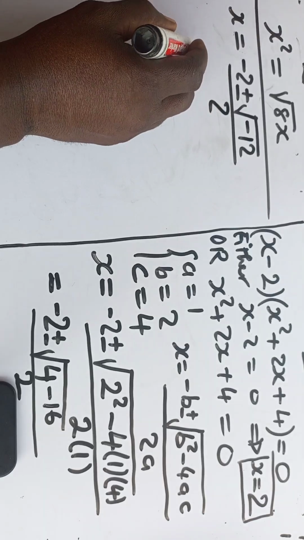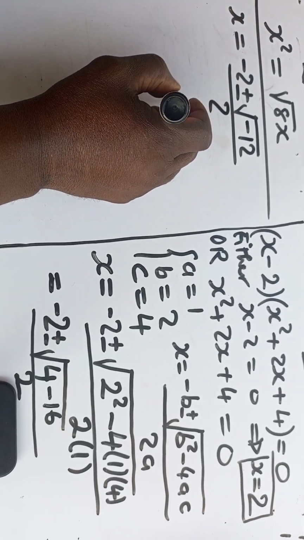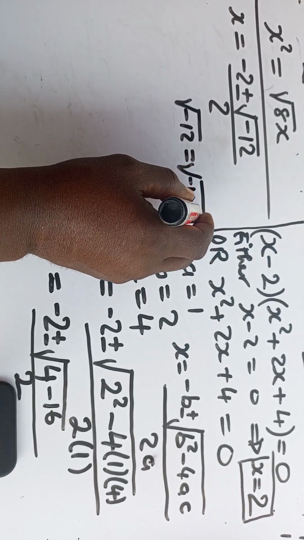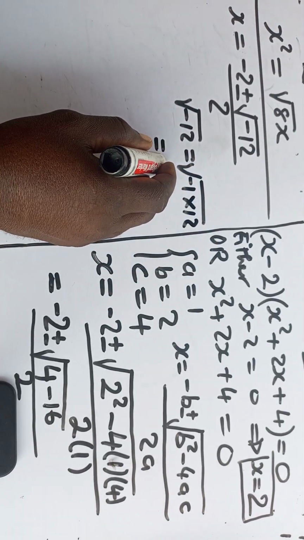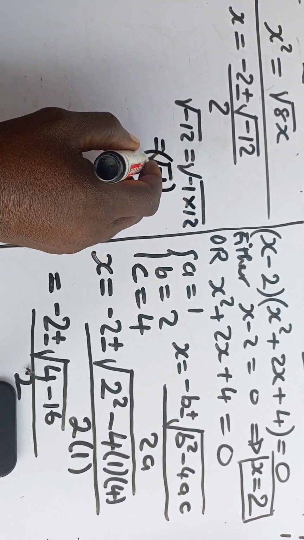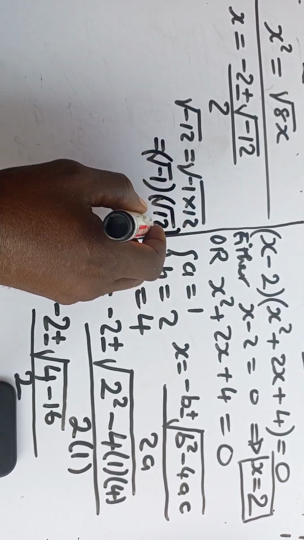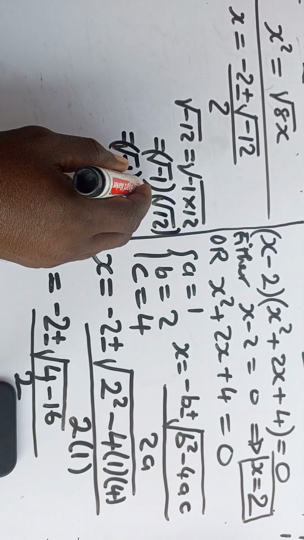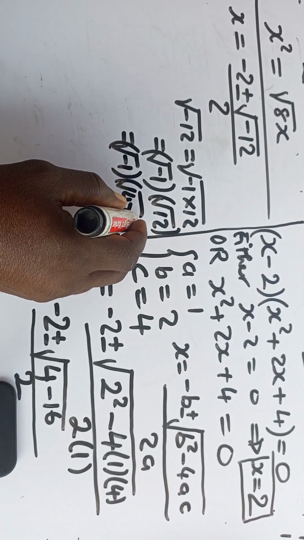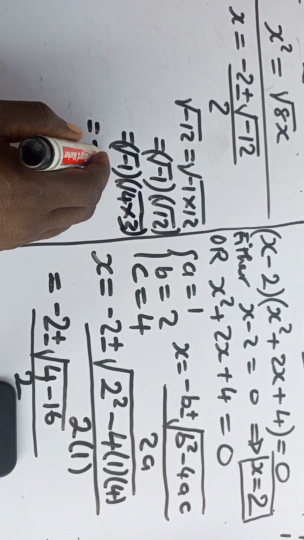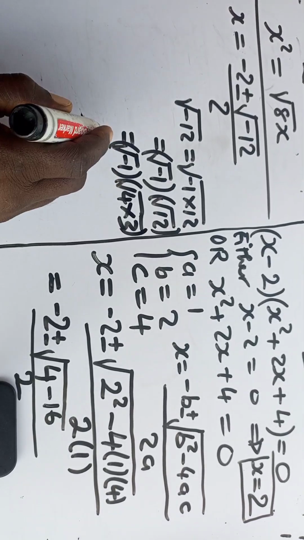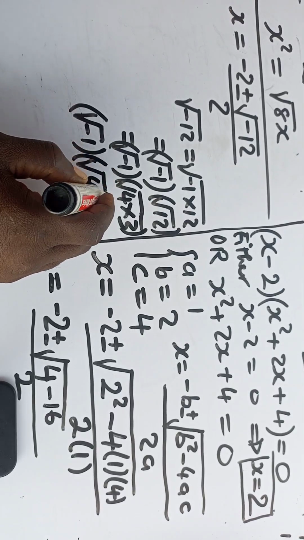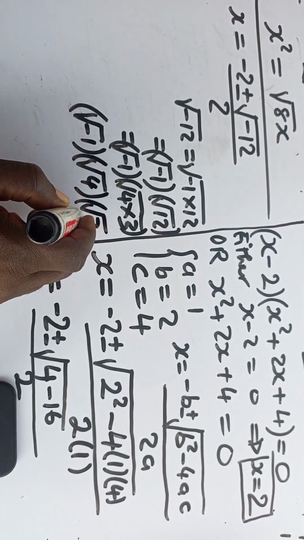What is the root of negative 12? Let's do that separately here. Root of negative 12 is the same as root of negative 1 multiplied by 12. This is root of negative 1 multiplied by root of 12, which gives us root of negative 1 multiplied by root of 4 times 3, which is root of negative 1 multiplied by root of 4 multiplied by root of 3.